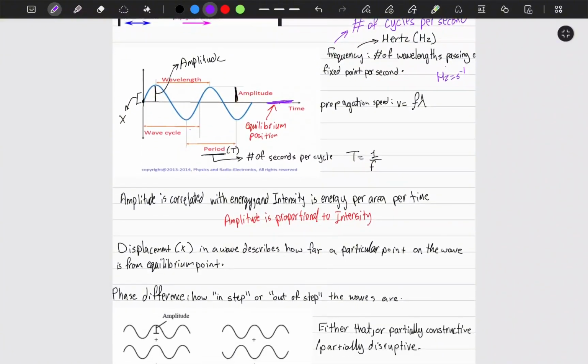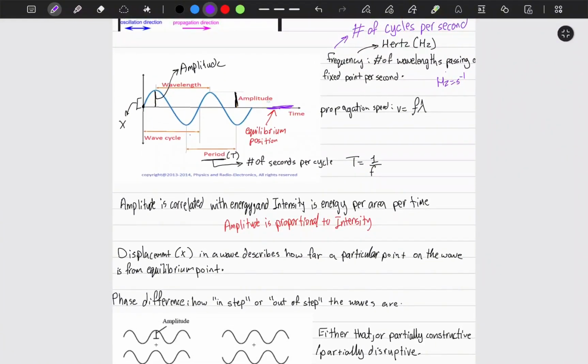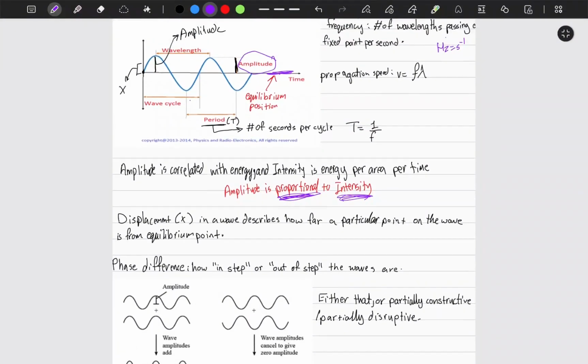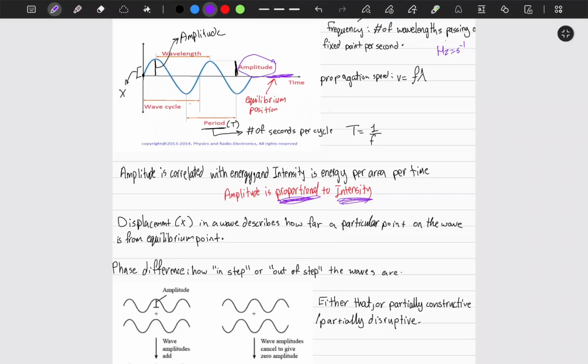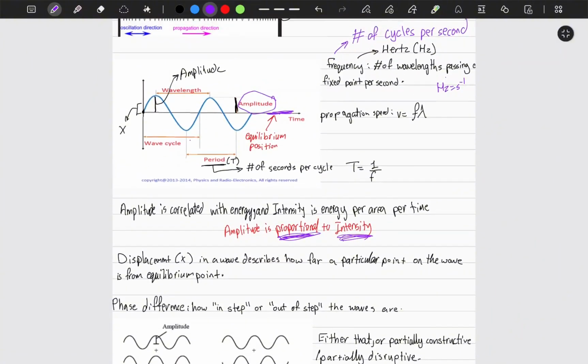Now, amplitude is correlated with energy. The higher the amplitude, the more energy a wave has. Intensity is the energy per area per time. And what you need to know is that amplitude is proportional to intensity. Displacement in a wave describes how far a particular point on the wave is from the equilibrium point.